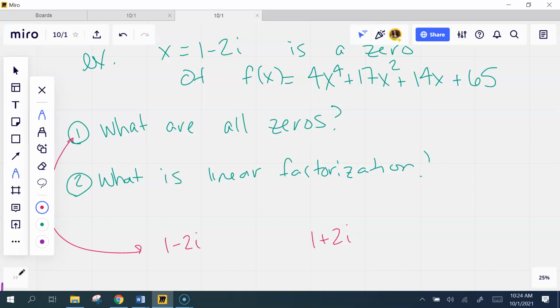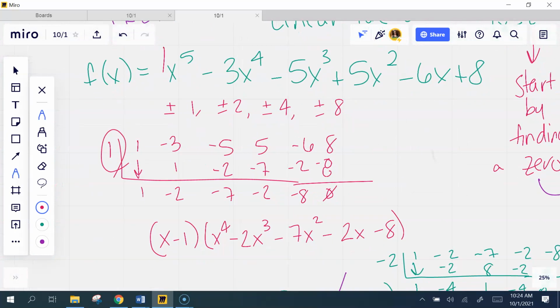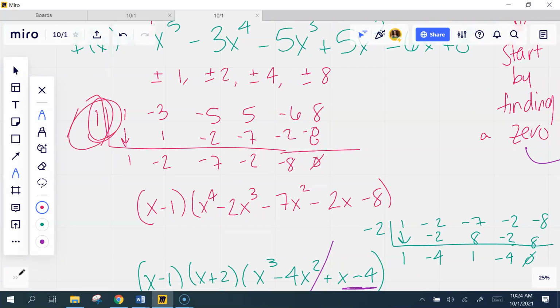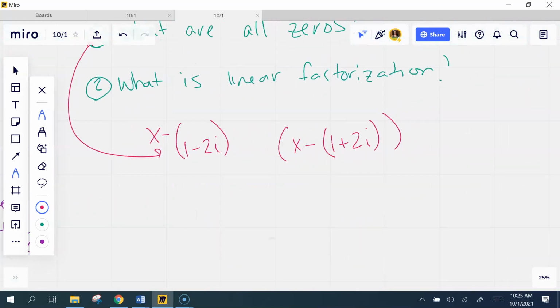Remember, this is saying that x minus this is a factor and x minus this is a factor. Can you divide by a zero to get the other factors? Think back over here. This was a zero. We put it on the outside to get the rest of the factor. Could you do that over here, even though it's complex?